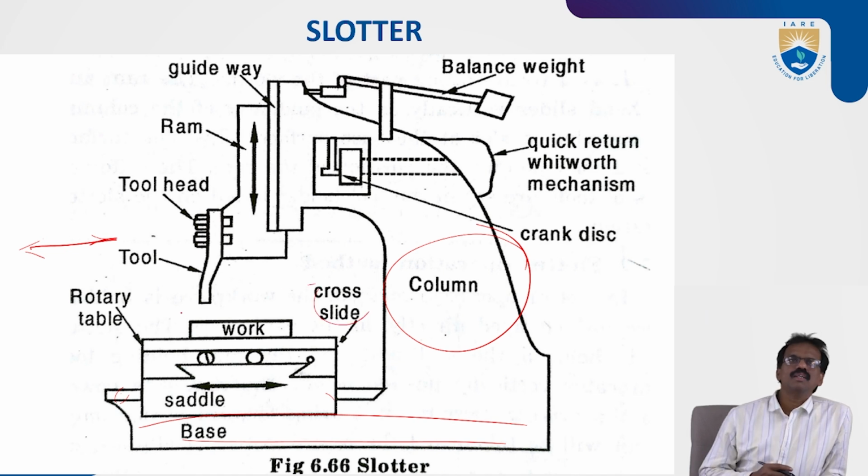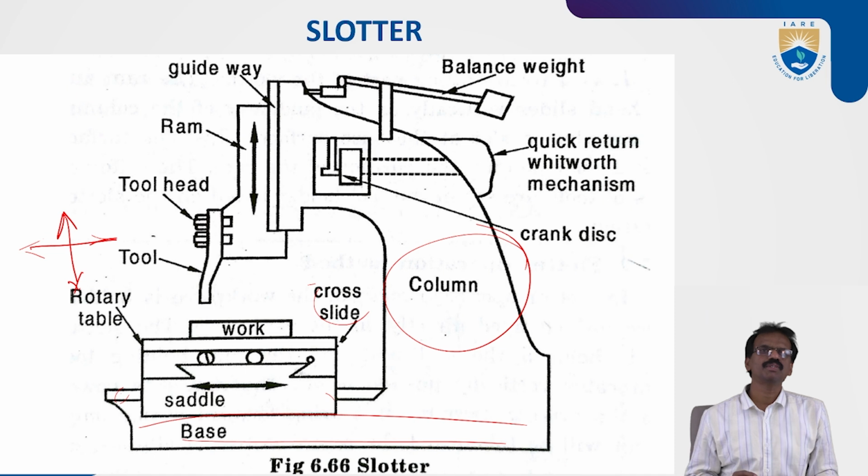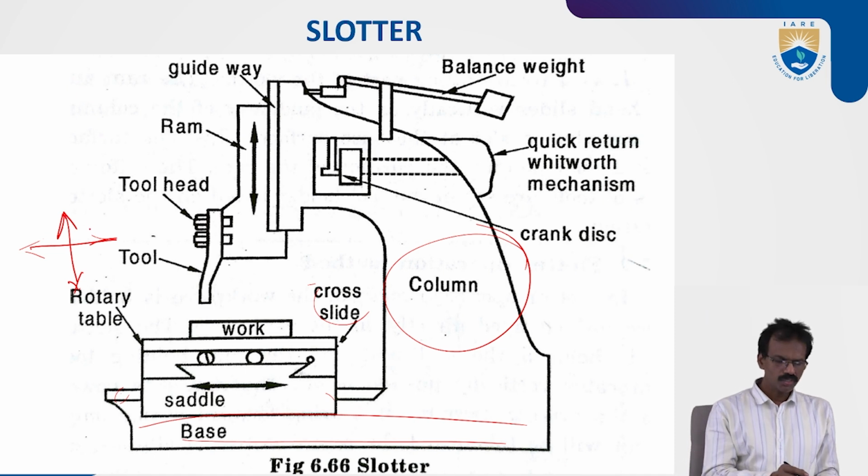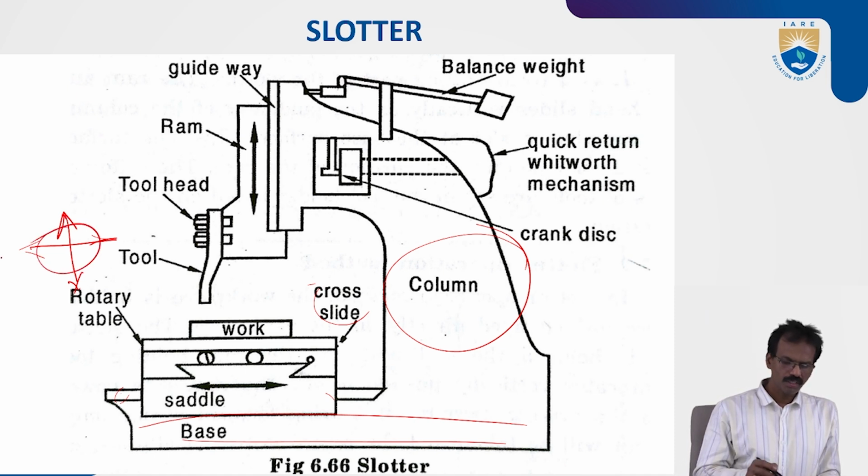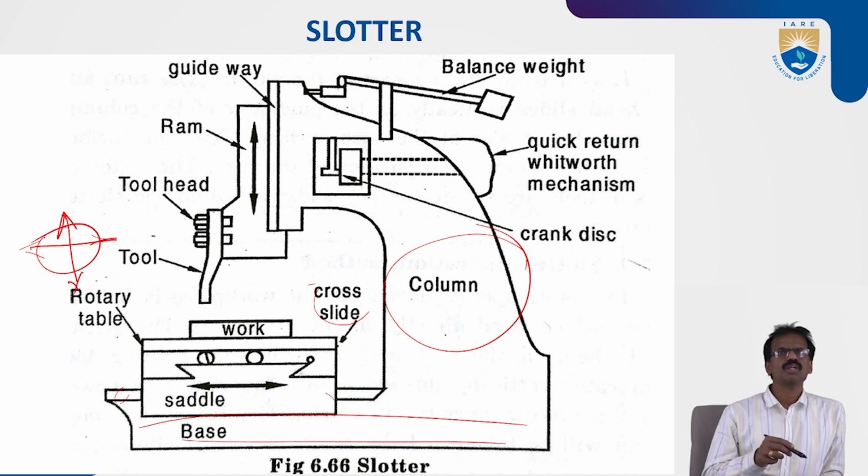On this saddle there is a cross slide, giving cross movement. The surface of the cross slide is positioned parallel to the column. This cross slide moves in the vertical direction. With the help of the cross slide, we get the vertical movement of the workpiece. On this cross slide we have a rotary table, just a circular rotary table.